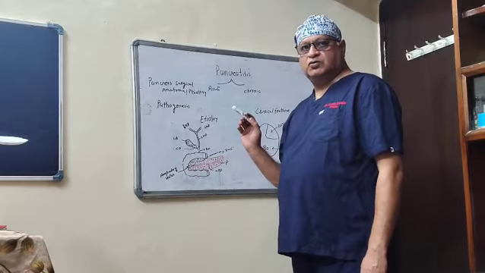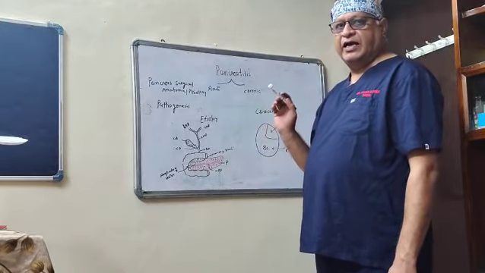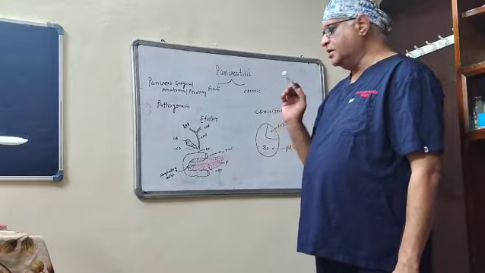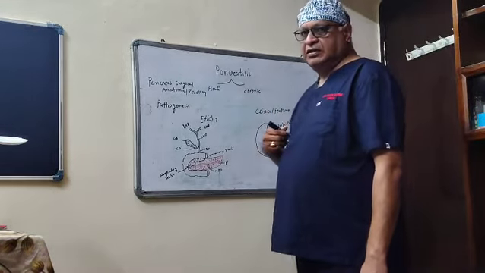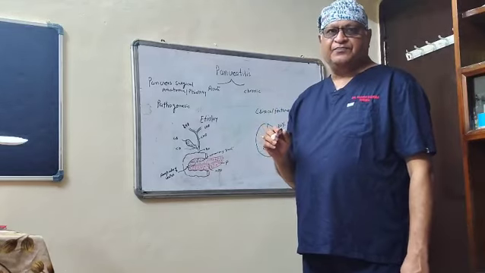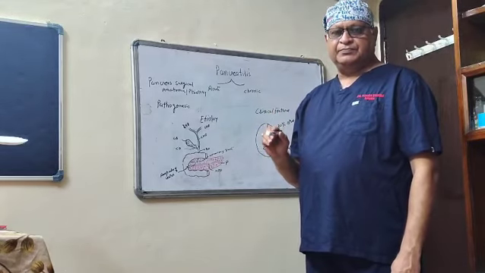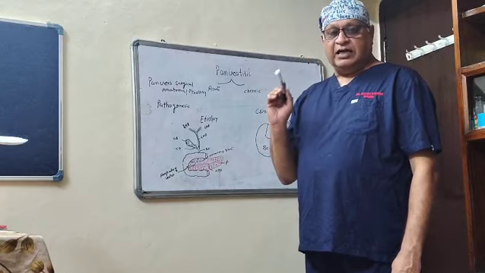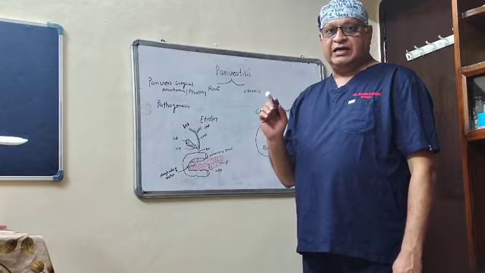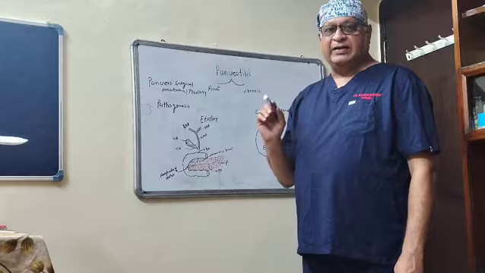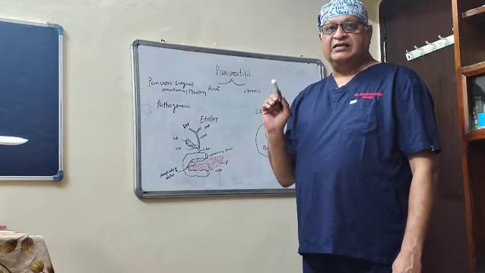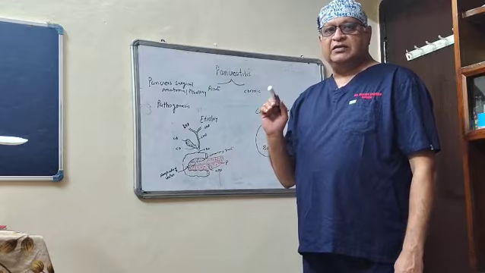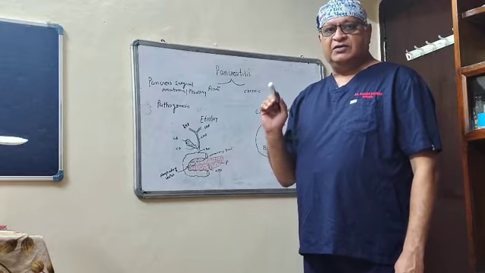Others: hypercalcemia, hyperparathyroidism, and rising level of triglyceride. Triglyceride also plays a very important role in the pathogenesis of pancreatitis. If triglyceride level is more than 1000, that can cause inflammation of the pancreas.